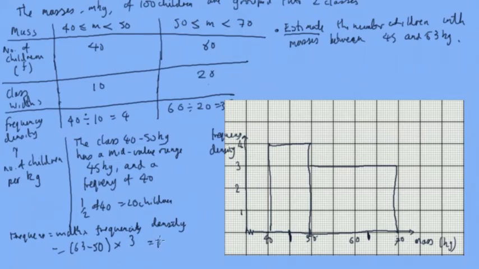So it's going to give us 13 times 3, which is 39 children. So our estimate will be 20 from here, add 39 from there, which is going to be 59 children.